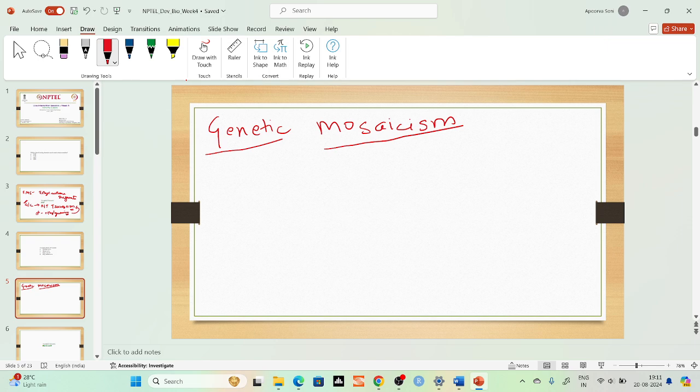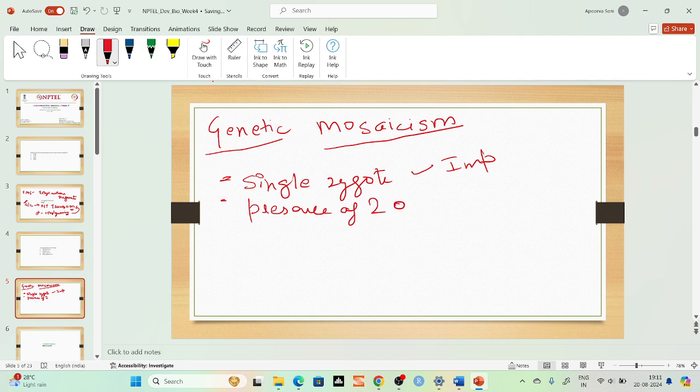Okay, so one thing which is important when we study genetic mosaicism is that we are talking about a single zygote. First thing, it is important. And another thing which is important is presence of two or more cell lineage.